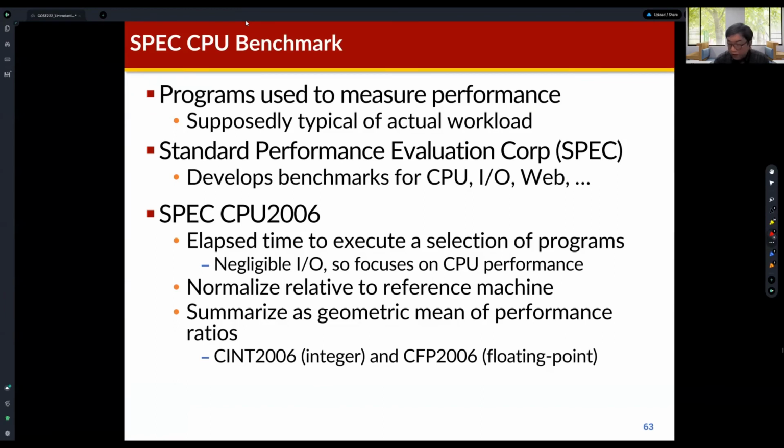I will briefly explain the benchmark applications. In the previous class, we learned how to compare the performance of two computer systems. In order to compare two computer systems, we need to provide the same application. What does that mean?